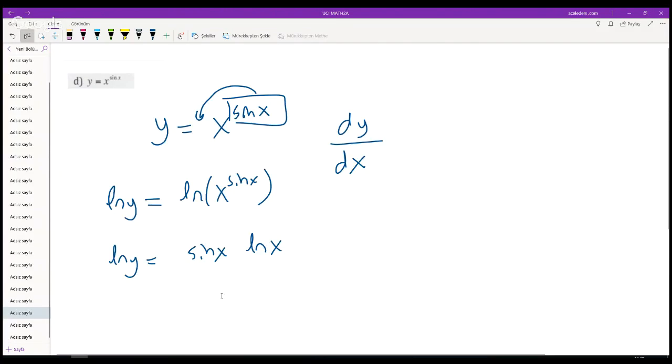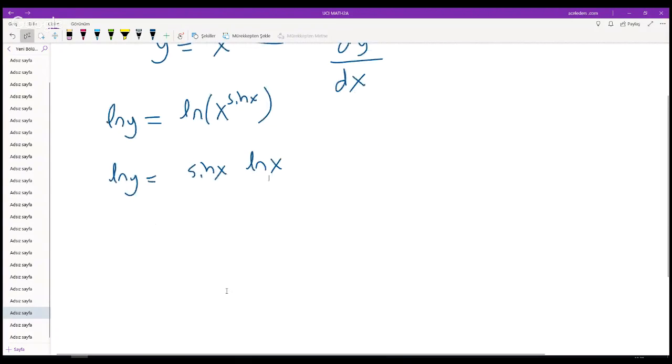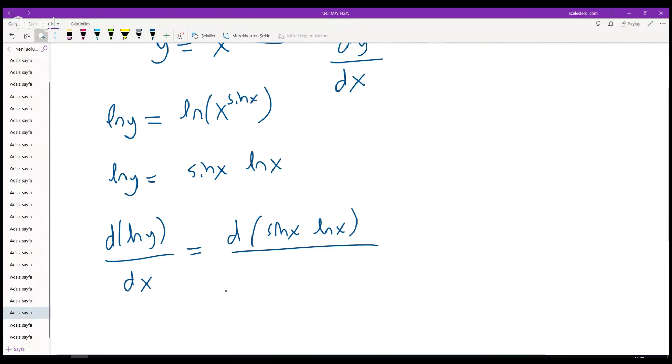Now to find dy over dx, I apply implicit differentiation. I take the derivative of both sides with respect to x. d ln y over dx equals d of sine x ln x over dx.